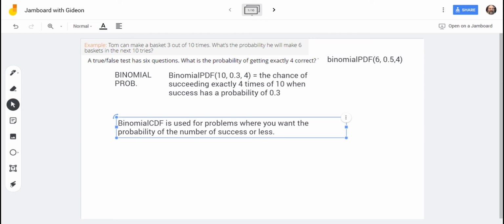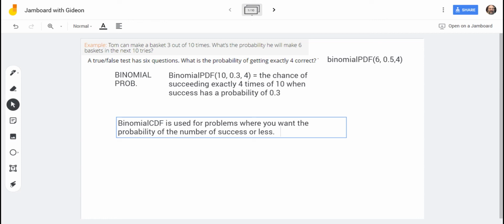If the basket question was he will make 4 or less baskets, then it would simply be binomial CDF 10, 0.3, 4. You're adding up that number of successes and 3 and 2 and 1 and 0. And the only neat trick is if it asks for something like, what's the chance of between 2 and 6 successes, including 2 and 6?